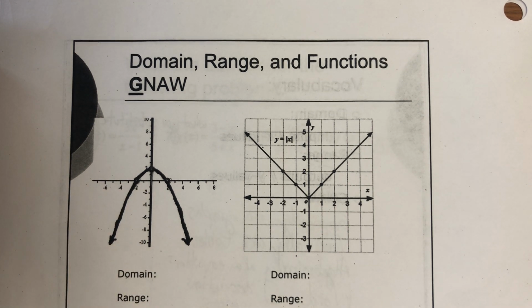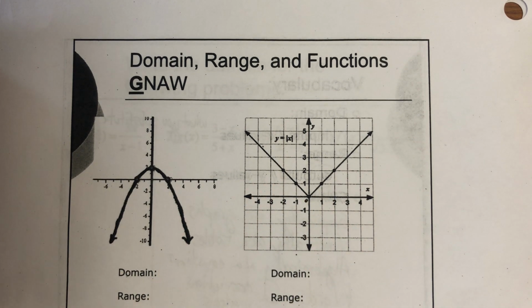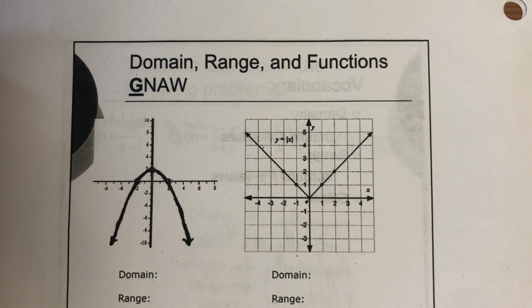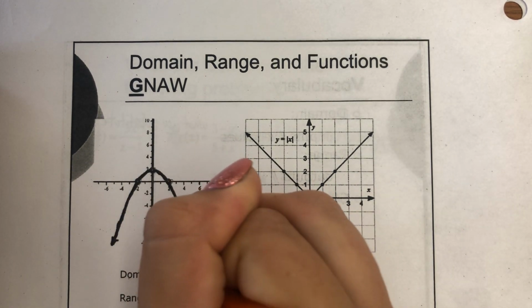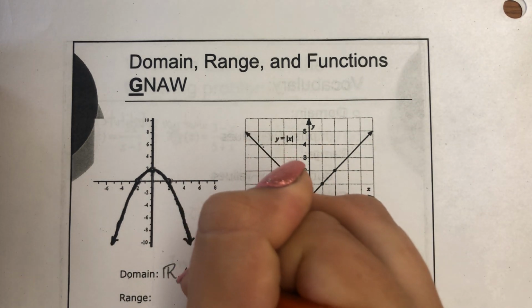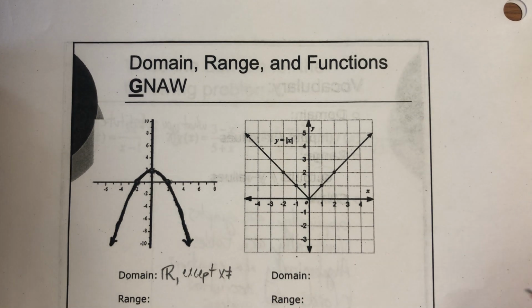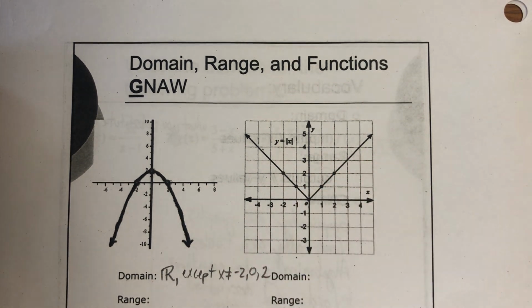It goes super far down, but it does go infinitely left. It also goes infinitely right, super far down. But it doesn't go through everything in between. It's just missing 3 points though. So I'm gonna say the domain is all real numbers, except, okay, x cannot equal negative 2, 0, and 2.